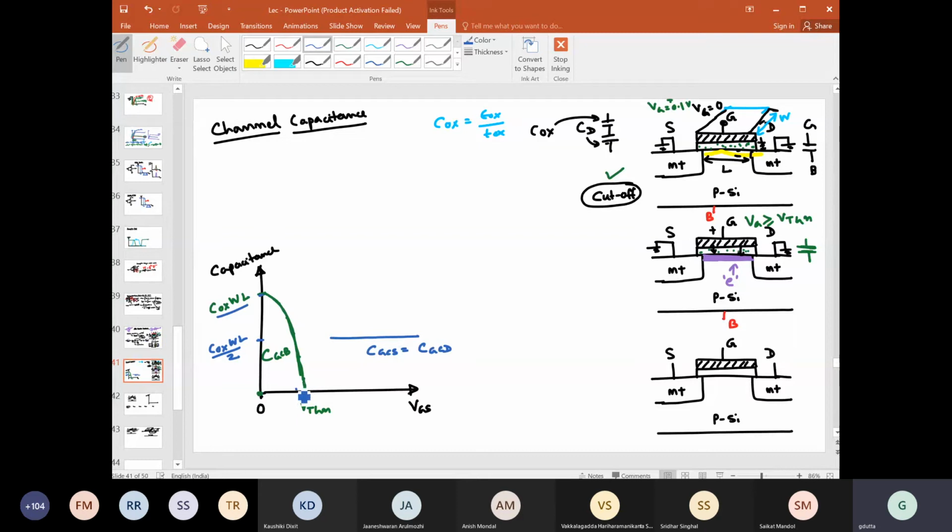To indicate that, we can say that this CGS and CGD will start increasing just before this VTHN, right? And it will take a value, and when you have a slightly higher VGS than this VTHN, they will equally divide among themselves because of this uniform channel, because now VD equal to 0, right?